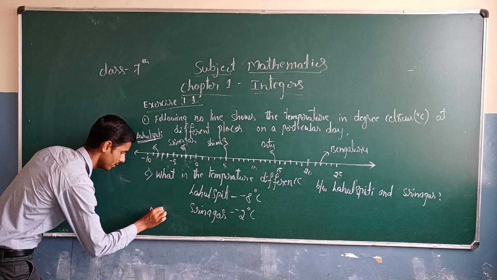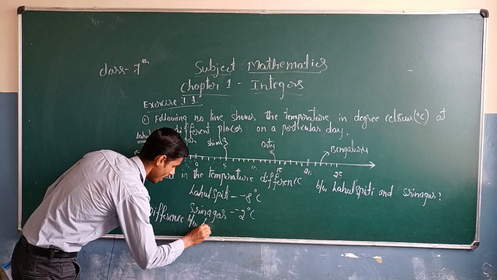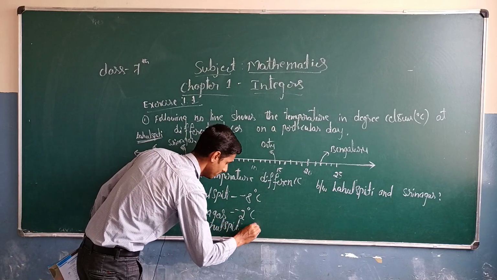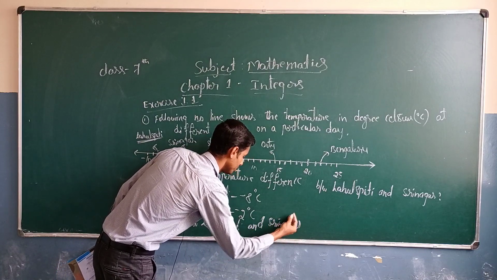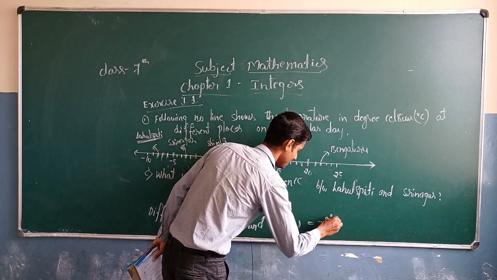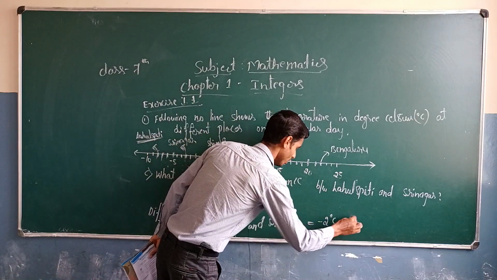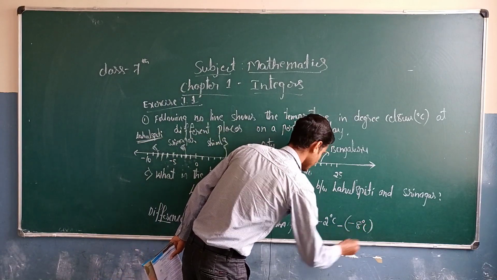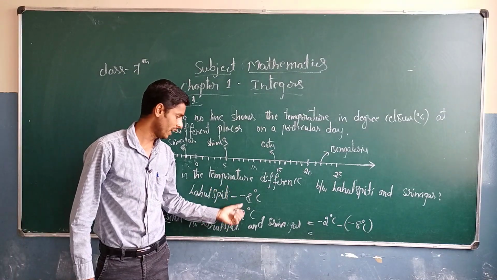So the difference between Lahaul Spiti and Srinagar equals -2 degrees Celsius. While finding the difference, we have to put the minus sign of -8 degrees Celsius. We have to be careful when we have negative signs. Both have negative signs.